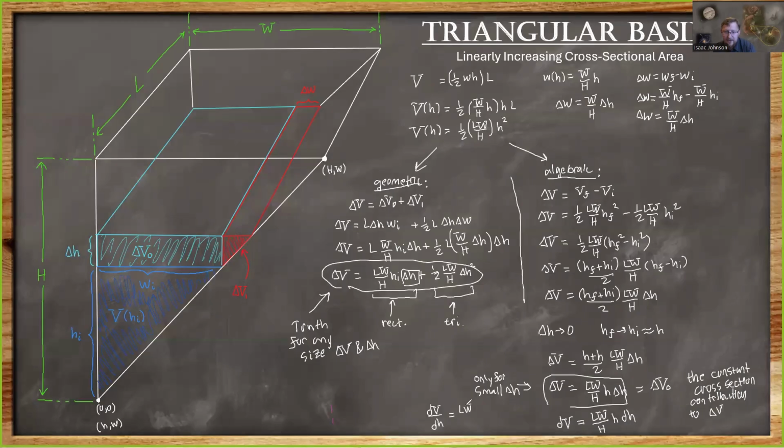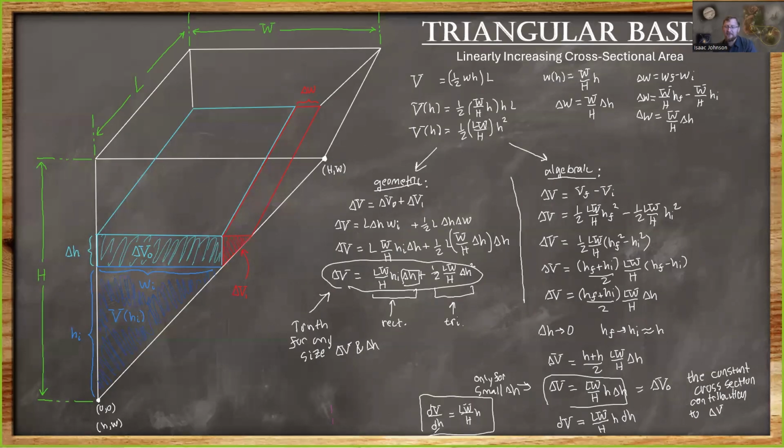A lot of teachers don't like it when you divide over dH. But my argument is we could have divided over dH before we shrunk it. So I think if we can divide over dH or delta H when it's a finite difference, you should absolutely be able to divide over dH when it's a really, really small difference.